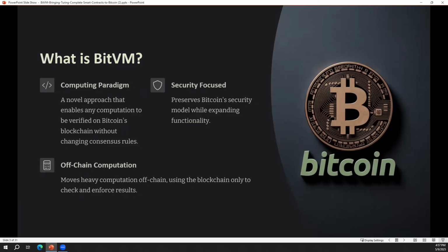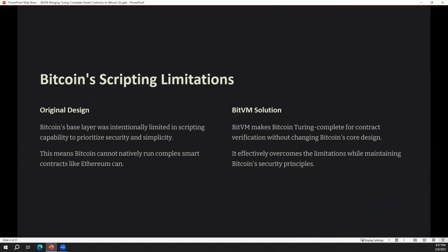It moves heavy computation off-chain, using the blockchain only to check and enforce results. Bitcoin's base layer was intentionally limited in scripting capability to prioritize security and simplicity. This means Bitcoin cannot natively run complex smart contracts like Ethereum can.